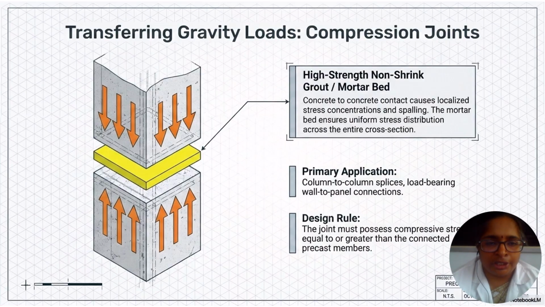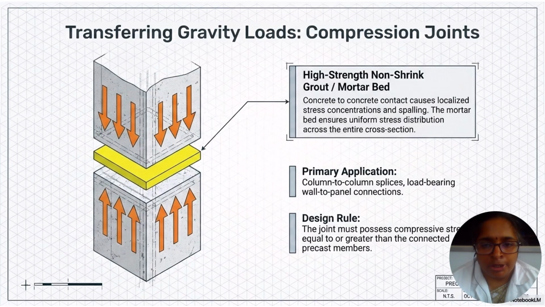This slide gives you the information related to transferring of gravity loads through compression joints. For the transfer mechanism, we use high strength non-shrink grout or mortar bed. Concrete to concrete contact causes localized stress concentrations and spalling of concrete. The mortar bed ensures uniform stress distribution across the entire cross section.